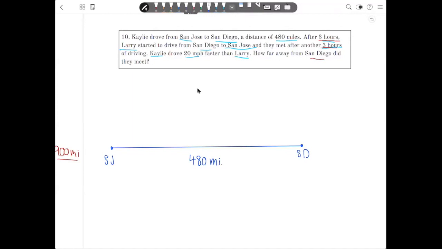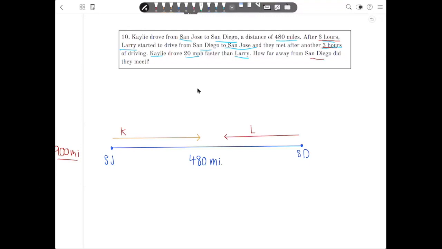So Kaylee drives from here, this is going to be Kaylee, and now we have Larry is going to drive also.